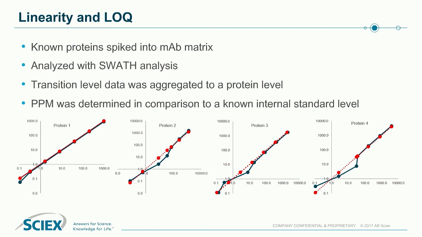The figures underneath are for 4 of those proteins that were spiked in there. The red line is the theoretical ppm line, and the blue line is the experimentally derived ppm levels. We can see that there's good correlation with the theoretical lines, and we're also getting down to the sub-10 ppm level, which was very encouraging as a first series of experiments.